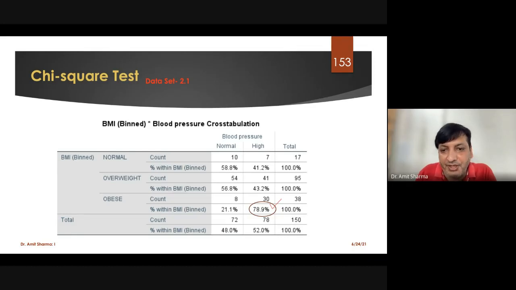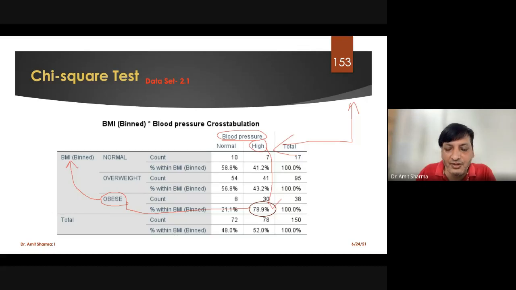So who were these patients? These were patients having high blood pressure and under the BMI category called obese. So like this you have to make a route: which variable is given on the top and which variable is given on the x-axis or y-axis.